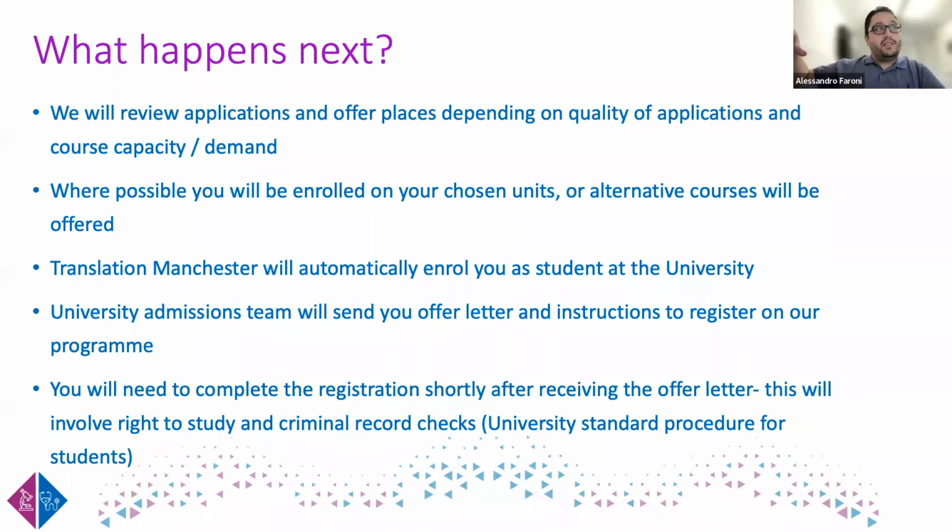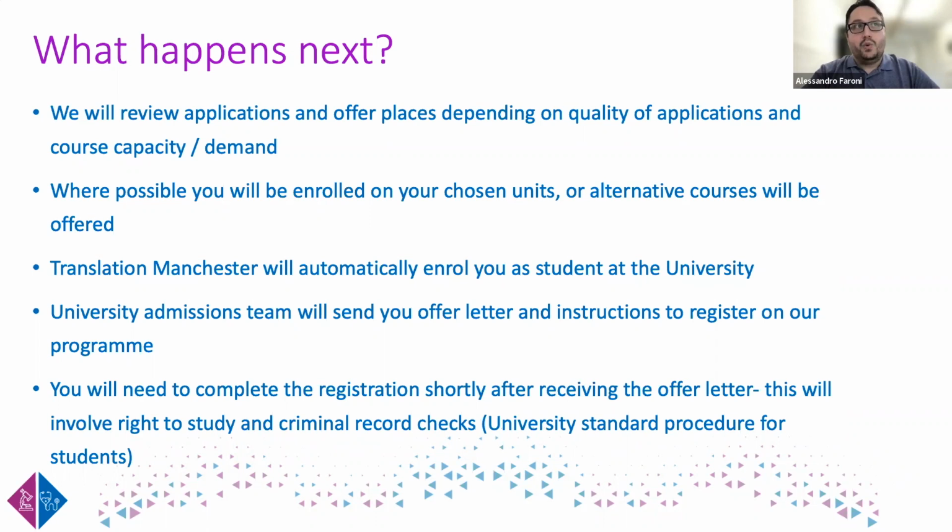All the information that we ask you in the application form is for the purpose of doing that automatic enrollment. And once that happens, we will delete the personal information from our records, and it will not be shared with anyone. After the enrollment has completed, the university admissions team will send you an offer letter. That will be an official offer letter from the university, which will include instructions for you to register to our specific program.